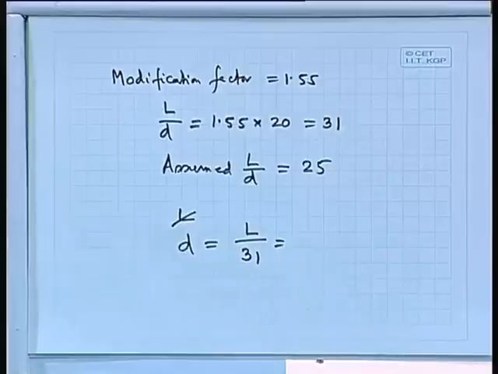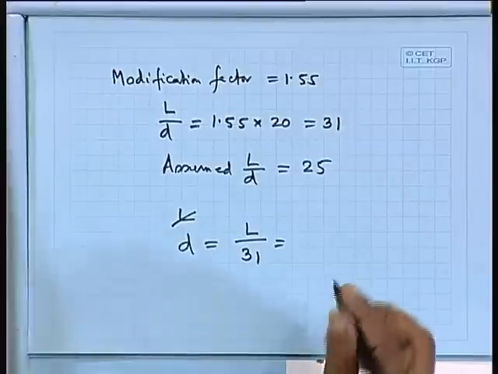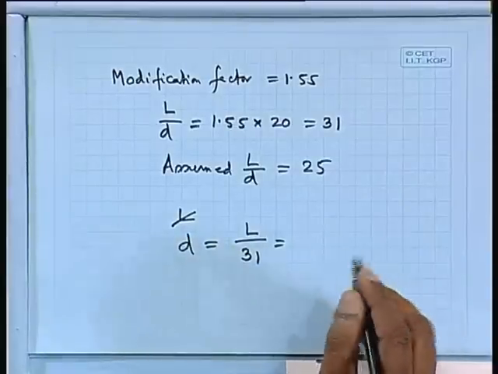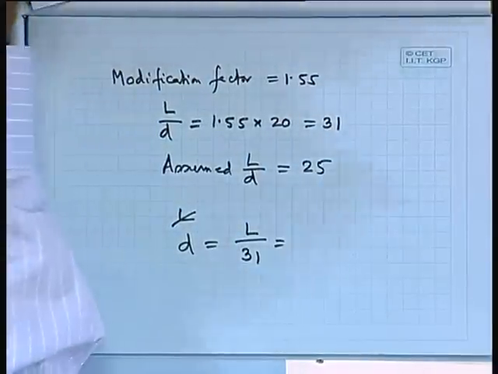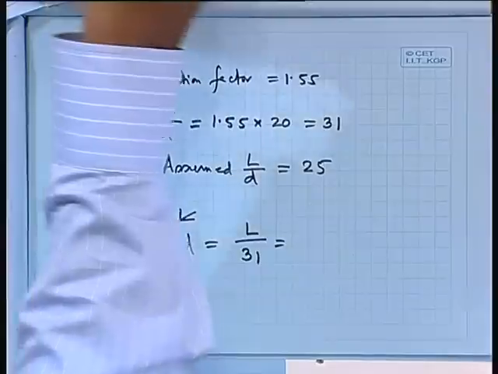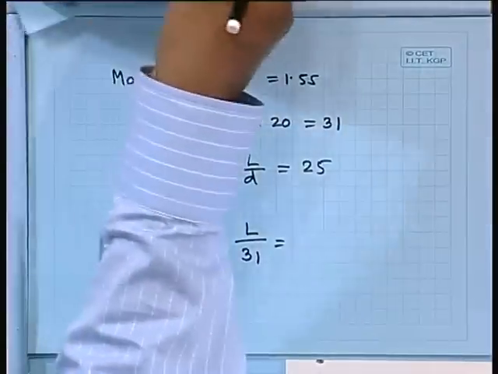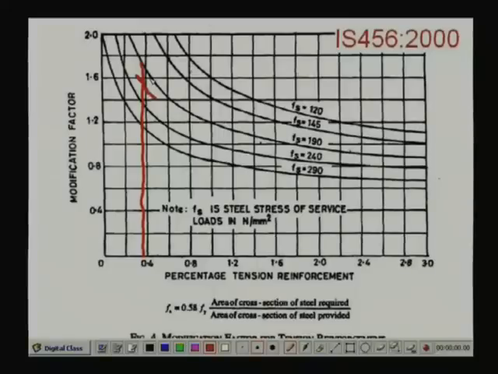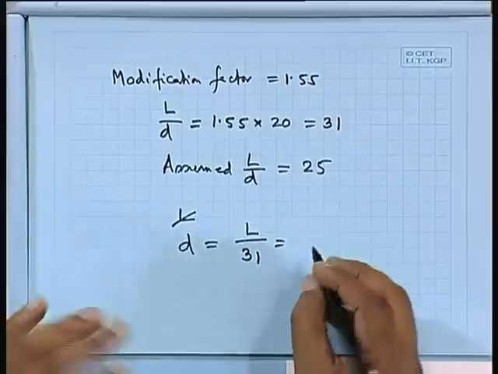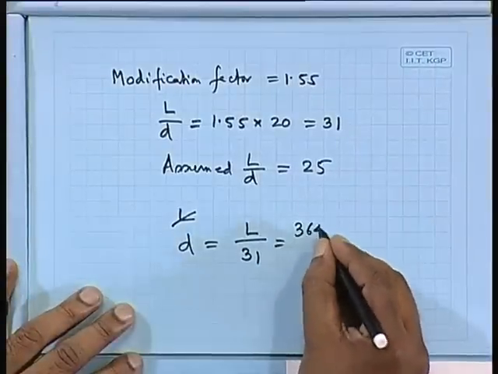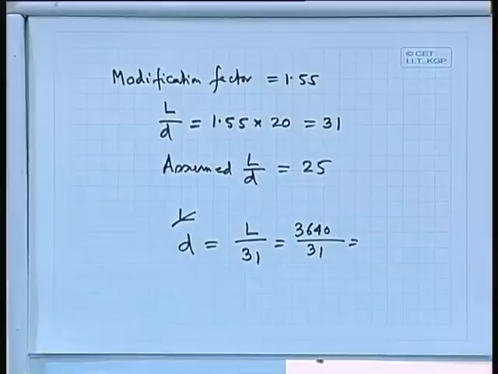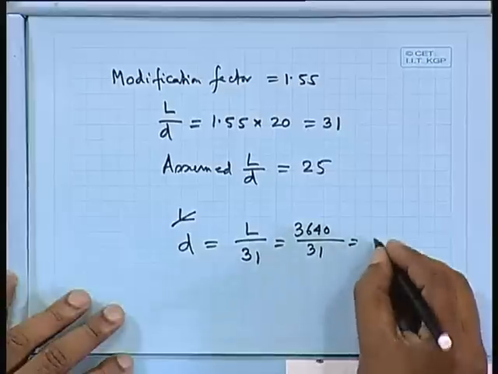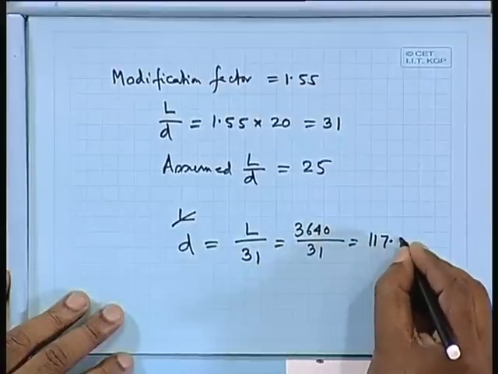So, we can come back to the effective span, 3.64, so 3640 divided by 31, which comes as 117.42.